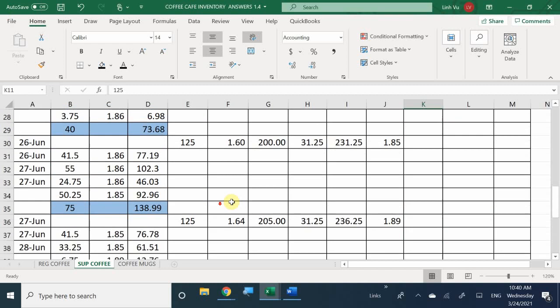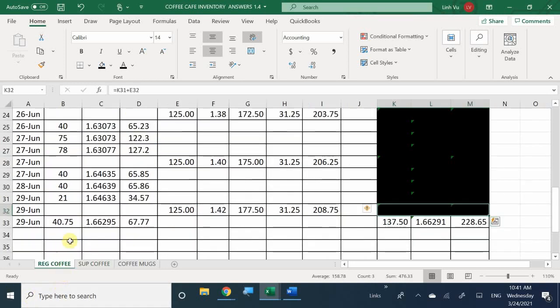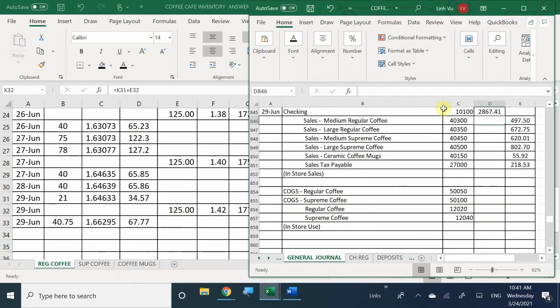All right, so let's go ahead and plug these numbers into our journal. So we got 77.96 for Supreme and 67.77 for our regular. So here we are, plugging our numbers in.